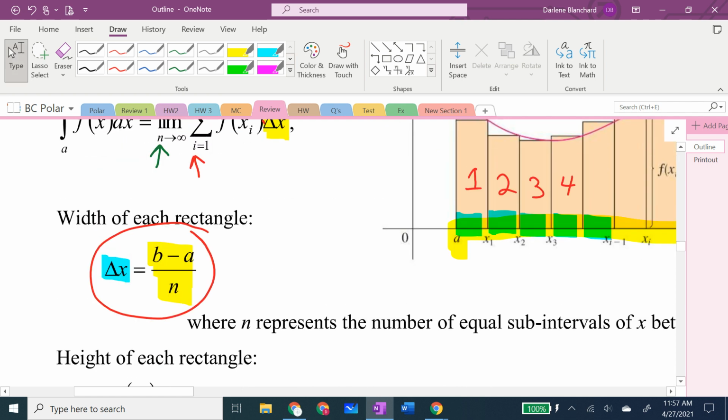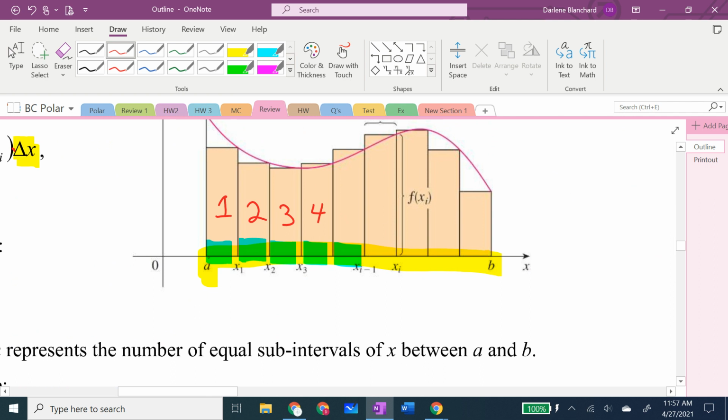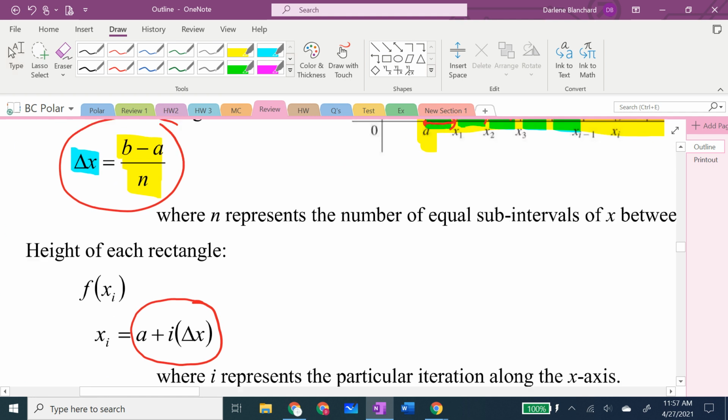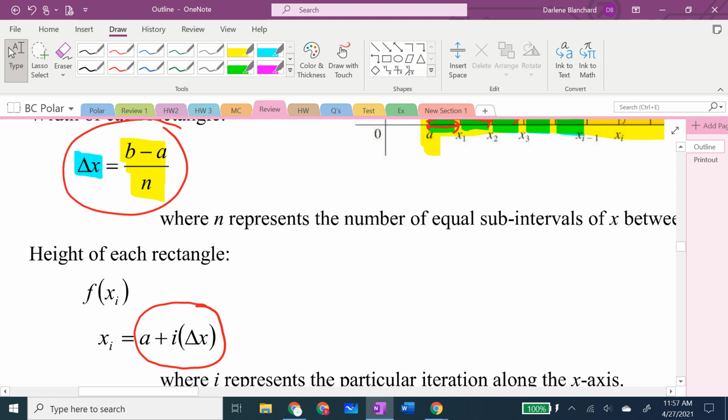That formula is based on if I start at a, and if I'm using right endpoints, then my first right endpoint is a plus the width. My second endpoint is a plus twice the width, then a plus 3 times the width, a plus i times the width. These are the two main formulas to focus on.